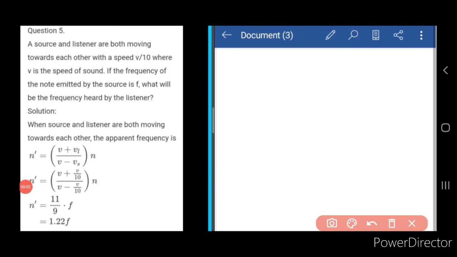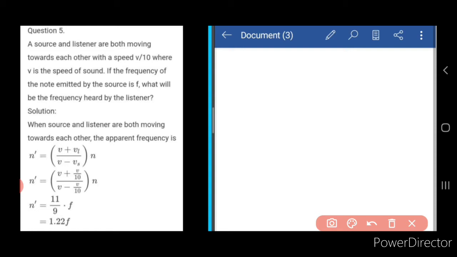A source and the listener are both moving towards each other with a speed V divided by 10, where V is the velocity of the sound. If the frequency of the note emitted by the source is f, what will be the frequency heard by the listener?